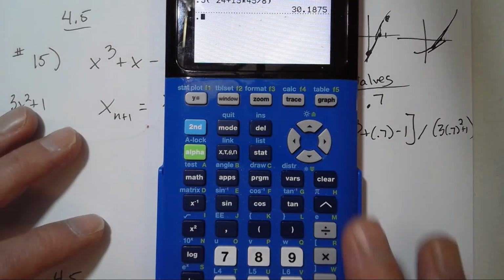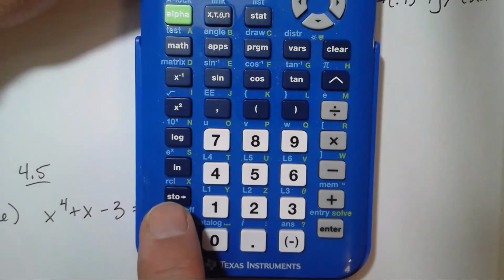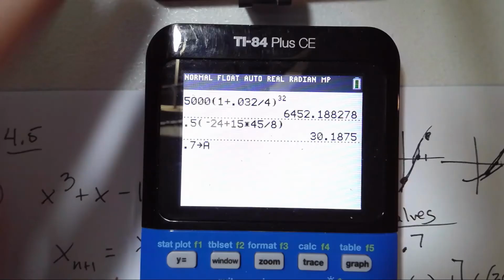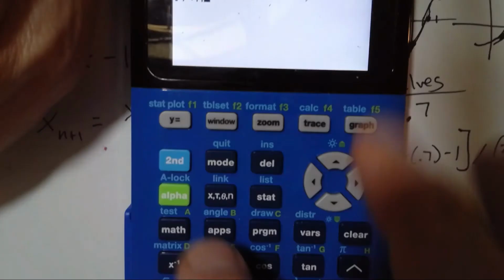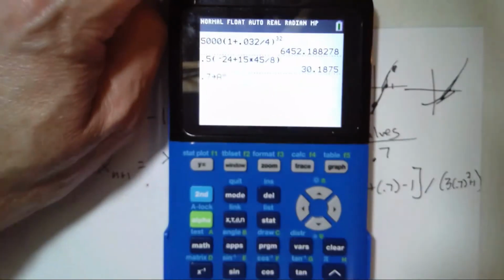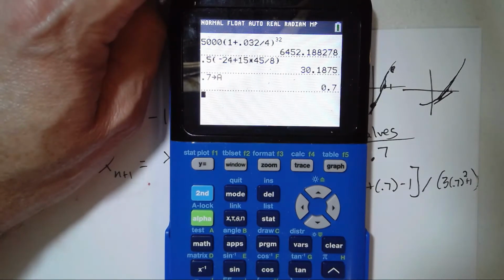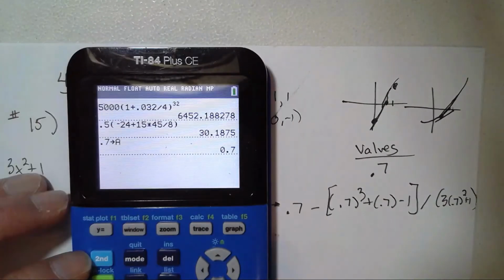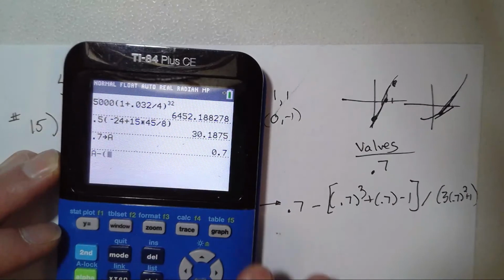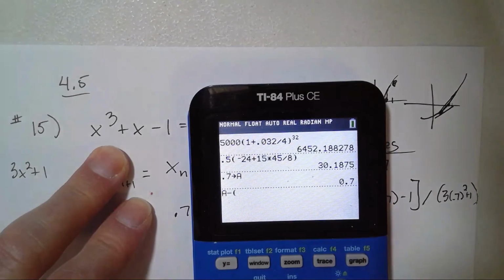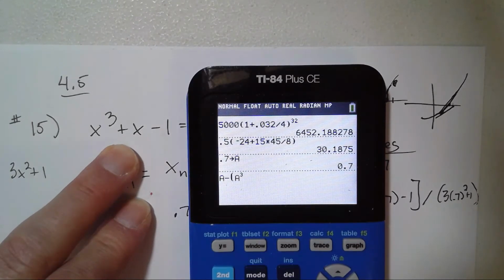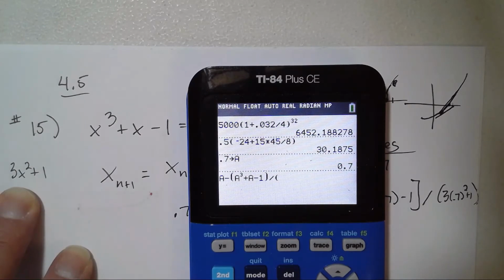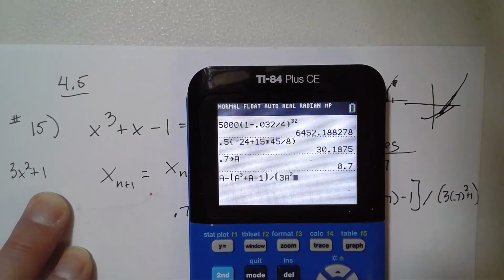So I'm going to type in 0.7 and then store, I'll just do alpha A. So we have it in there for A. So now I'm going to type in A minus the equation A cubed plus A minus 1 divided by 3A squared plus 1.